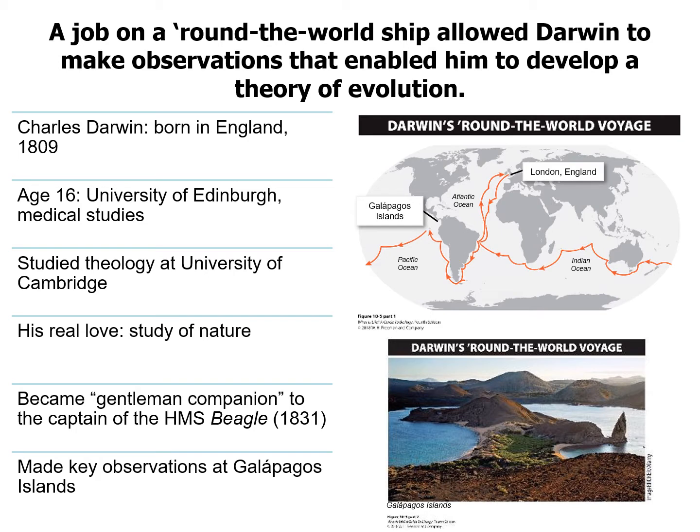So at age 16, Darwin went to the University of Edinburgh and was going to go into medical studies. As he was learning about medical practices and surgeries, he found that he just did not have an appetite for it. It made him very sick, and he really wasn't a fan, so he dropped out of that.